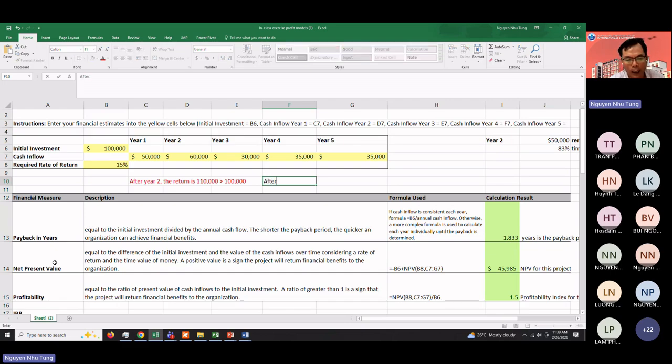So you can calculate on rough paper like that.